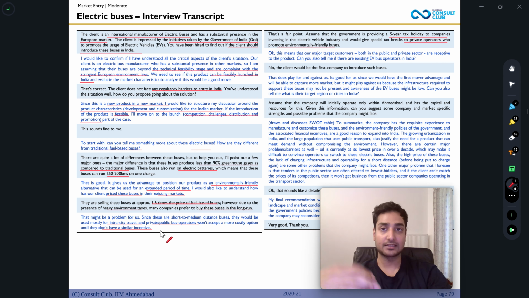The candidate could have asked what incentives the government is offering to make it attractive, so that the interviewer knows that you're paying attention to what is being told, and he doesn't have to help you out if you're going in the wrong direction. But in this case, the interviewer told directly to assume that the government is providing a tax incentive that reduces the cost. Okay, this means that the major target customers, both in public and private sectors, are receptive to the product.